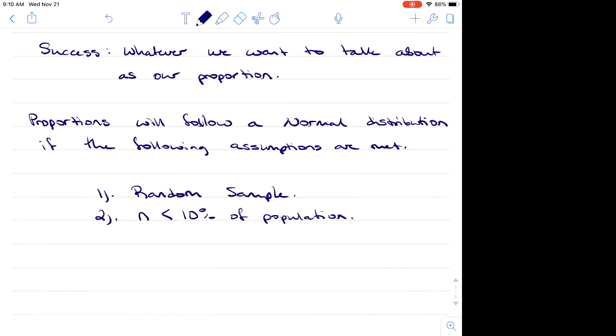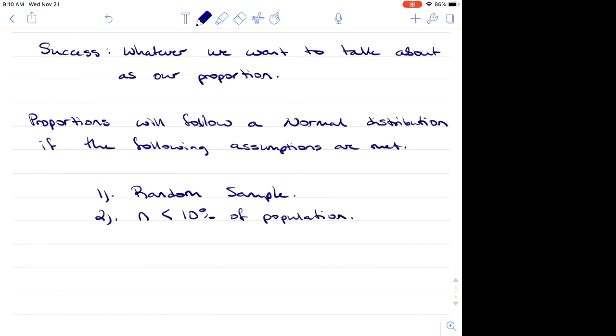That's counterintuitive, but you'll never have a sample size that's larger than 10% of the population, right? Especially if you're talking about Canadians or Americans, to have even 10% of the population would be a huge sample size, right? And so we'll never get there, right?